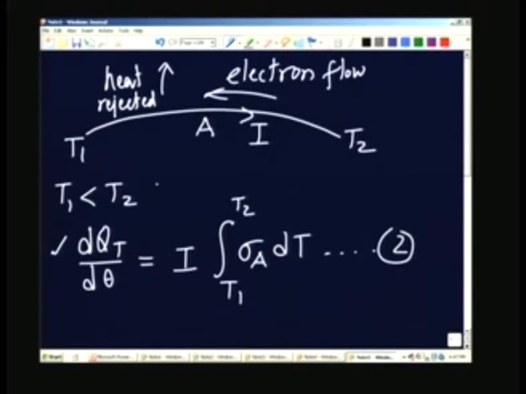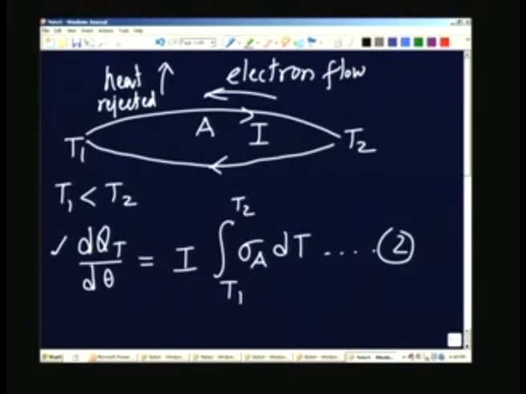Similarly, the amount of Thomson heat will be involved with the other leg of the circuit. Now, you notice that if the current is moving in this direction in A, and I complete the circuit, the current will be moving in this direction. That is, in one material it is moving from a low temperature to high temperature, and in the other part of the circuit, it will be doing exactly the opposite.